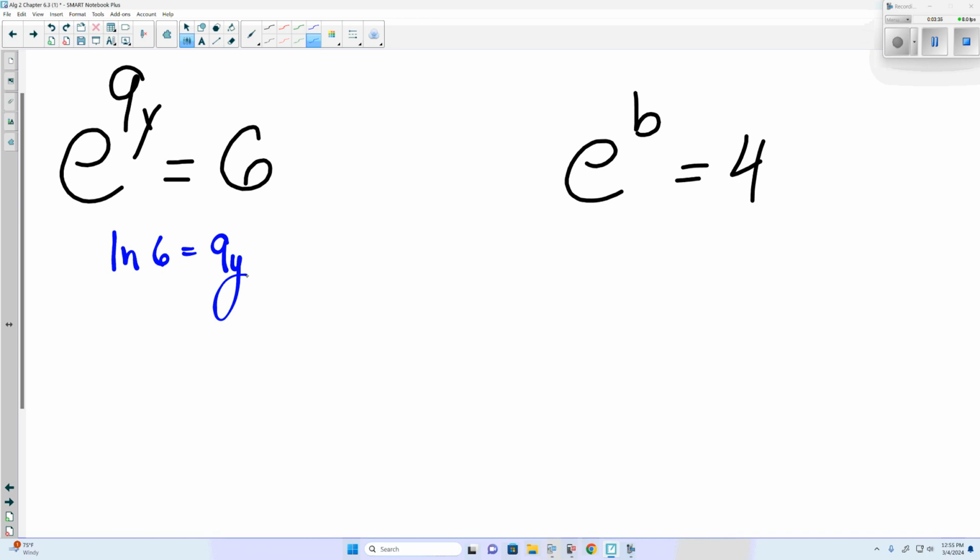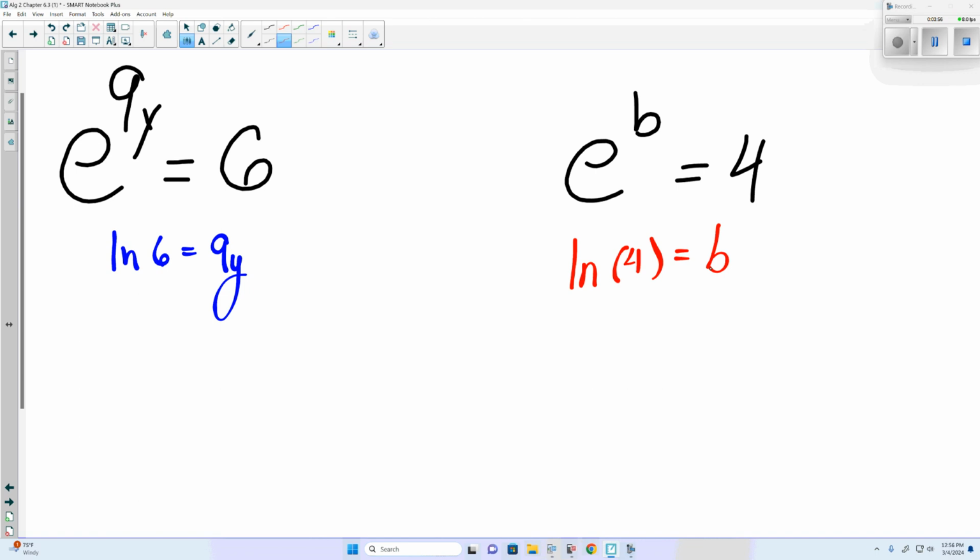With log, it would be the number written with it, but since it's e, ln is understood to have a base of e, so we don't have to write it in. e to the b equals 4. ln of 4 equals b.